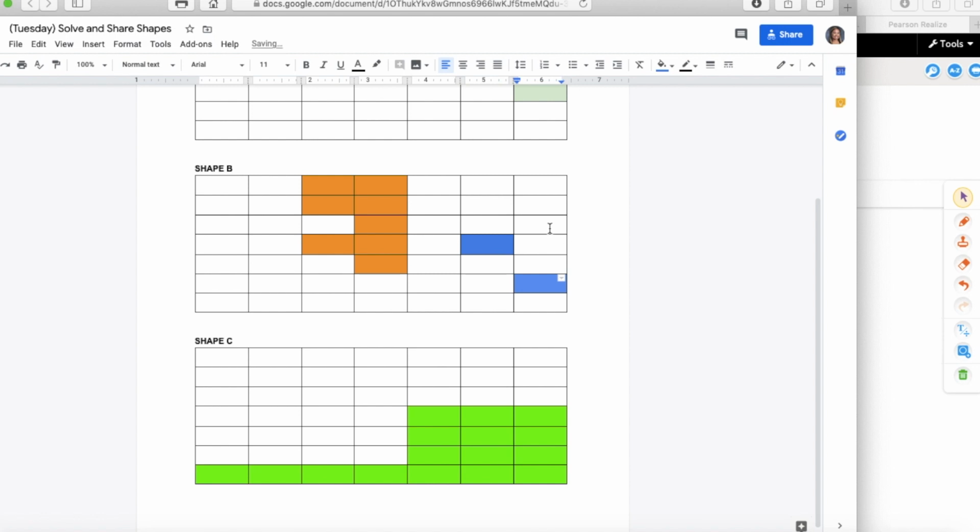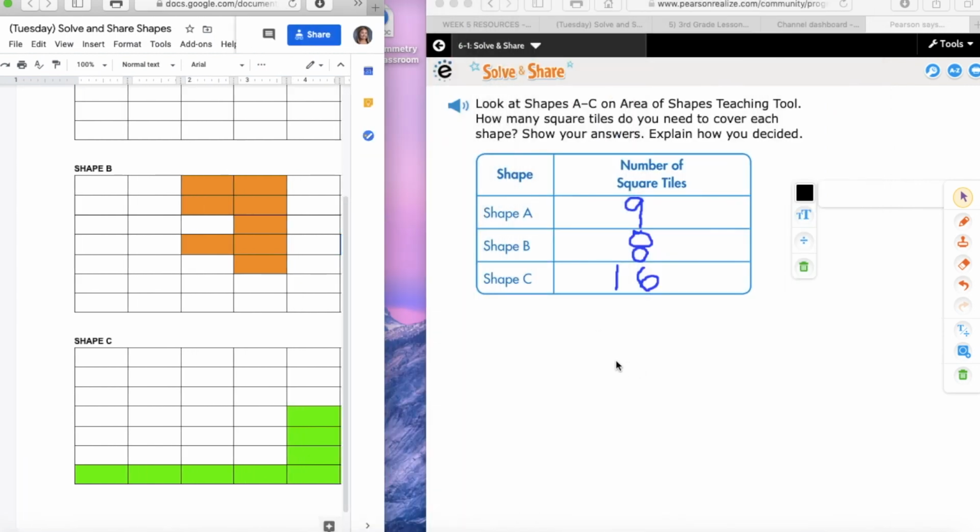This cannot be a shape because they are not connected. So in order for it to be a shape and you can count the square tiles, you have to have all the squares at least touching. You can't have a gap somewhere in the middle.